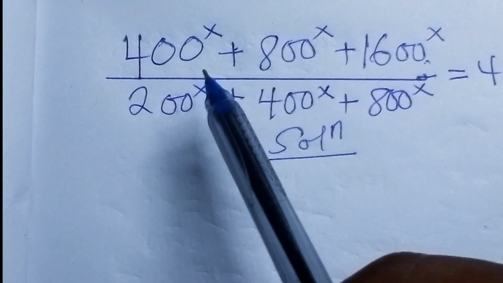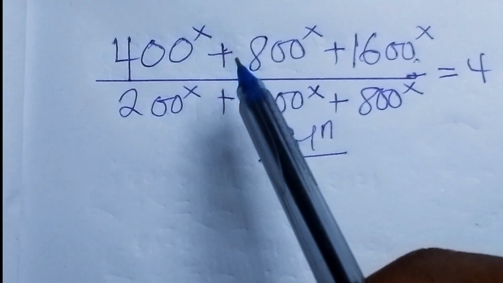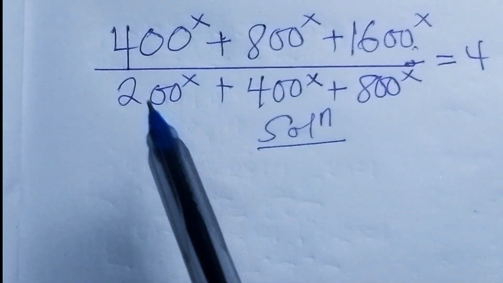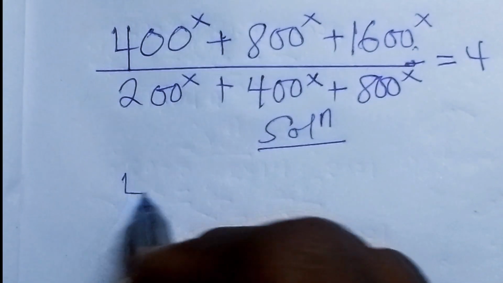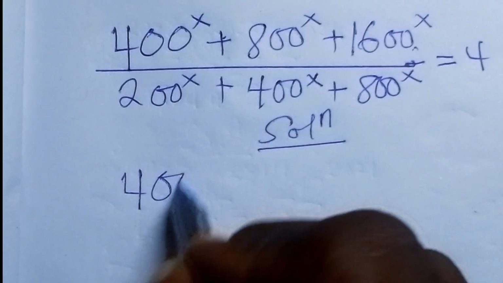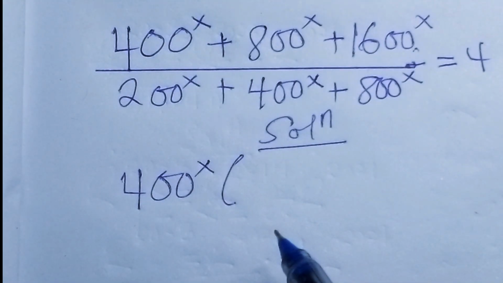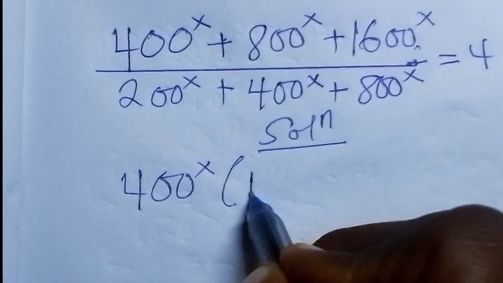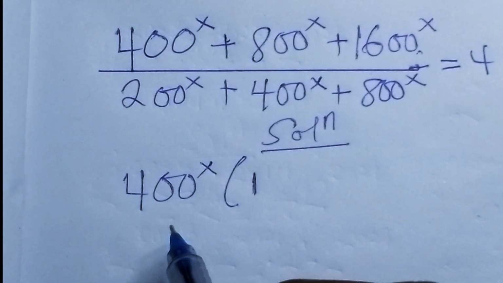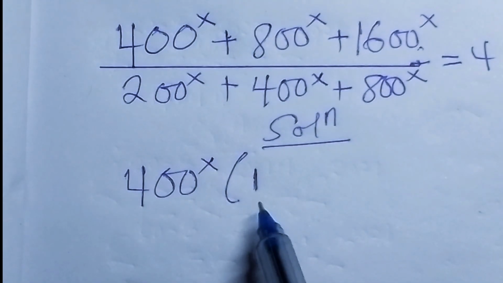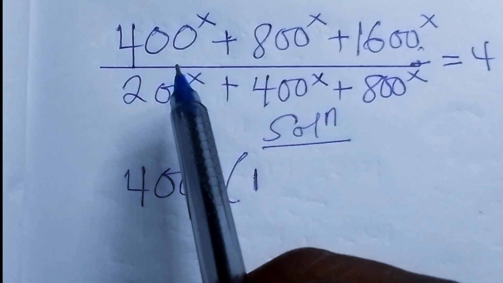This means we can factor 400^x out. So for the numerator, we have 400^x out, then into the bracket we have 1, because when 400^x multiplies 1, we get 400^x.